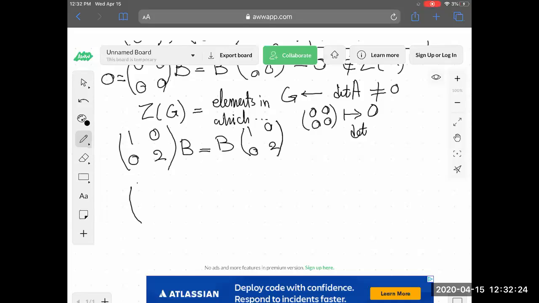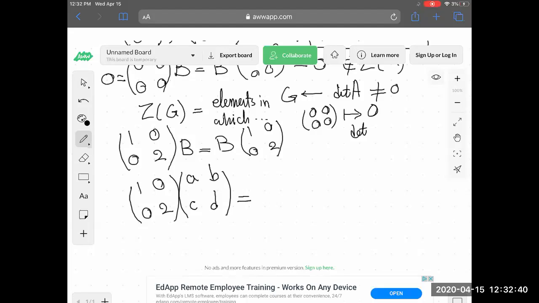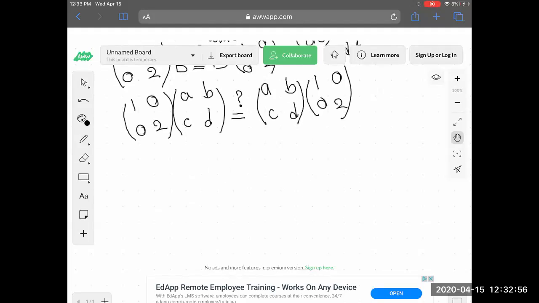The way to solve these things is to write something for B. B is a generic matrix, and any generic 2 by 2 matrix can be presented as a table of 4 numbers, A, B, C, D. We want to see if A, B, C, D times 1, 0, 0, 2 is equal to 1, 0, 0, 2 times A, B, C, D. This is what we need to check.